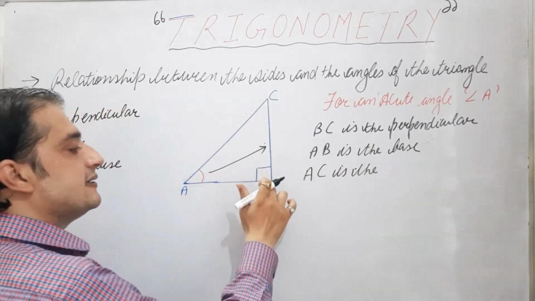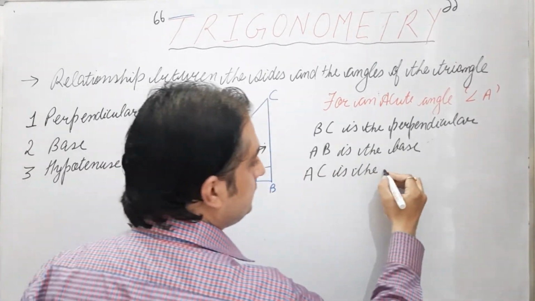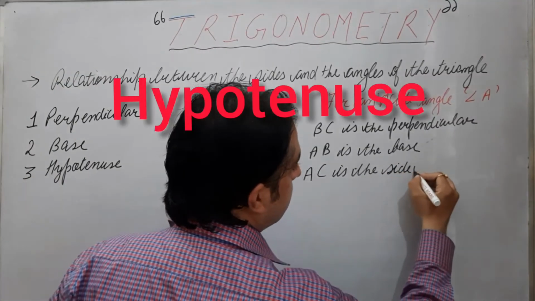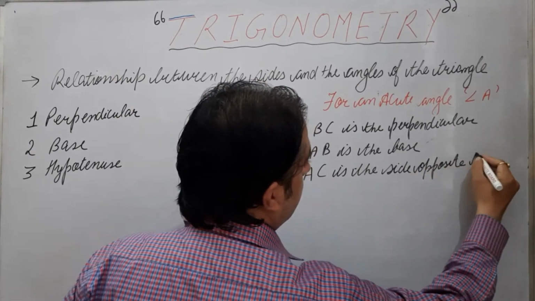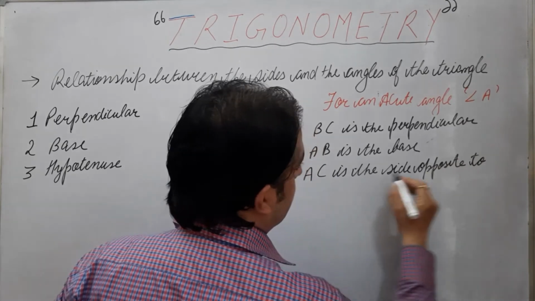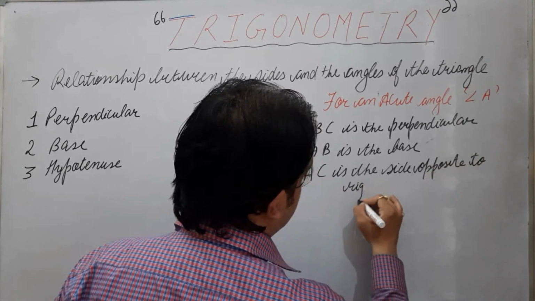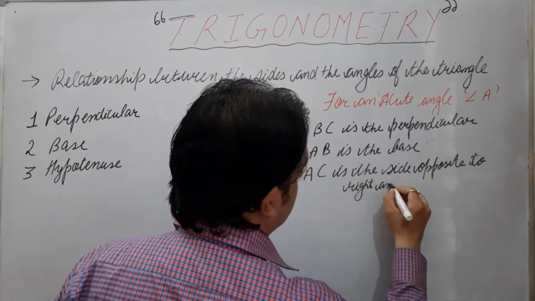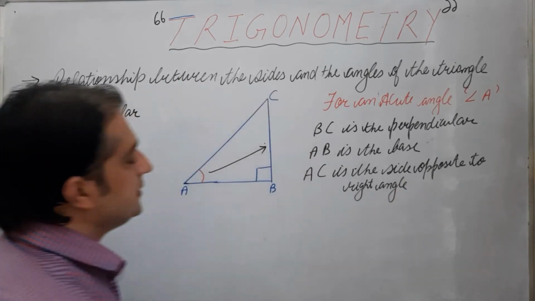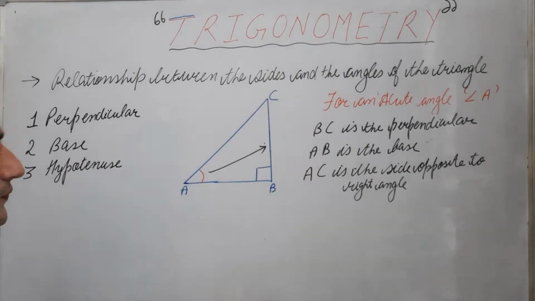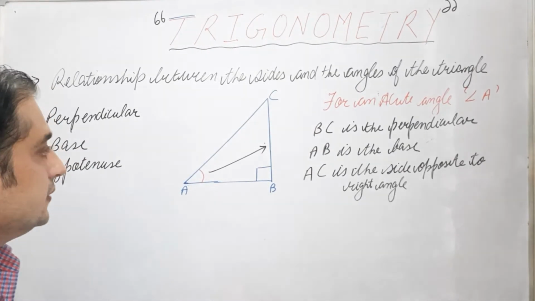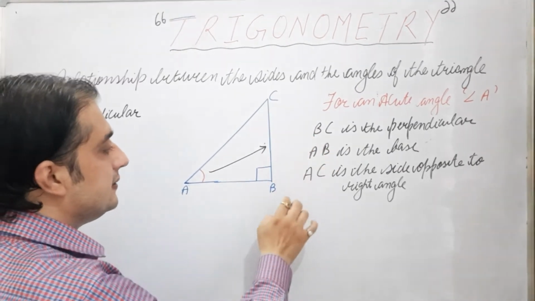AC is the side opposite to right angle. Right. So these are the three terminology: perpendicular, base, and hypotenuse in right angle triangle: BC, AB, and AC.